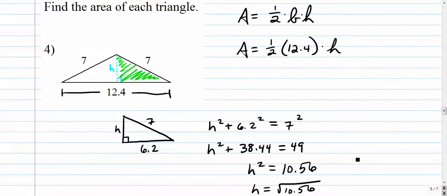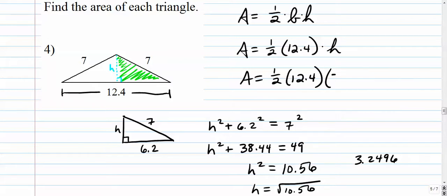3.2496. I'm going to bring it out to 4 digits just for precision's sake. So that's our height. That goes in our original formula where we see h.